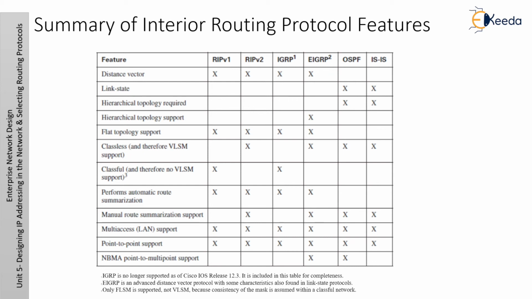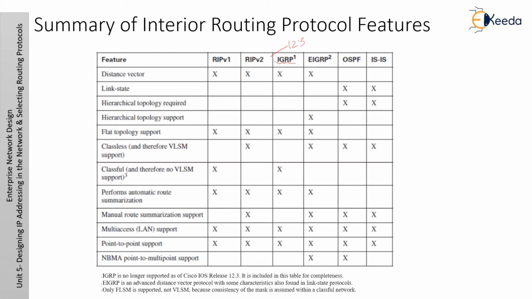So this table summarizes some characteristics of IP routing protocols, like RIP1, RIP2, IGRP, EIGRP, OSPF, and ISIS. Actually, the IGRP protocol is no longer supported by Cisco IOS release 12.3. It is included in this table for completeness.